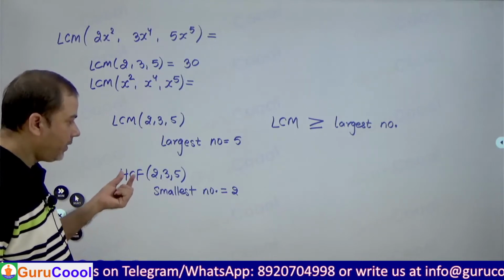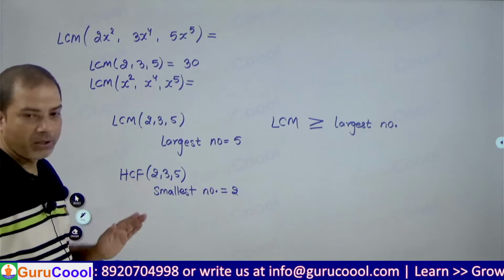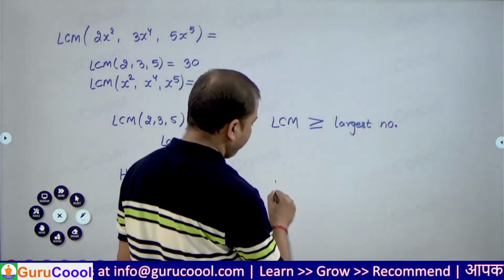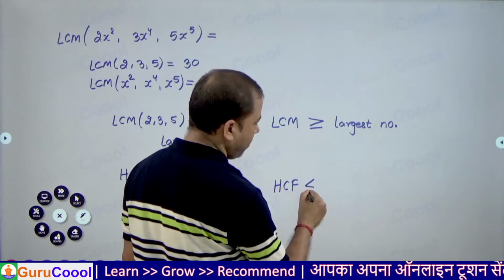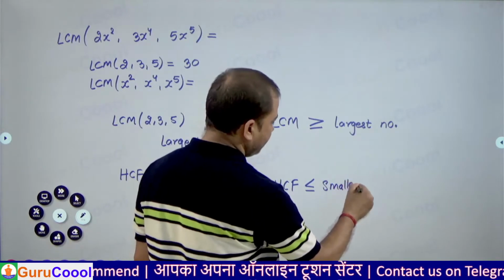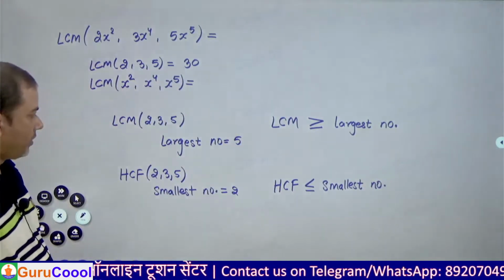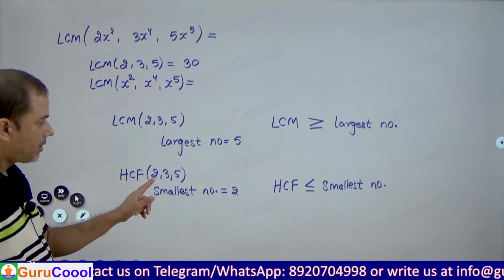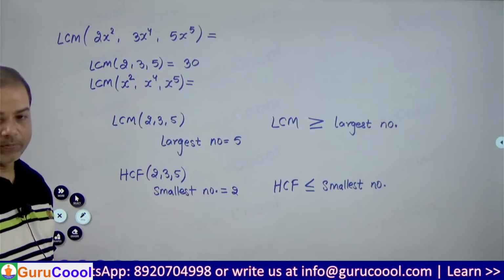HCF is always smaller than the smallest number or equal to that. Here smallest number is 2, so HCF must be maximum 2 or lesser than that, not more than 2.